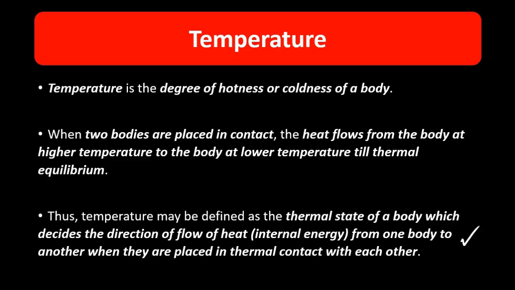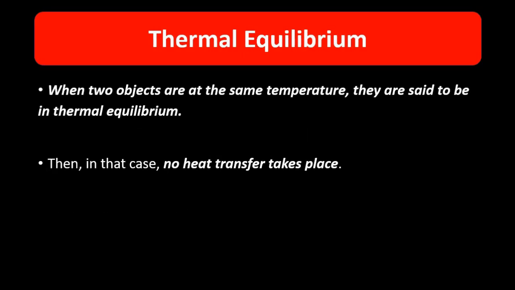But for us scientists and engineers, who are more interested in proper application, this is the more appropriate definition: the thermal state of a body which determines the direction of heat flow. And this is thermal equilibrium.